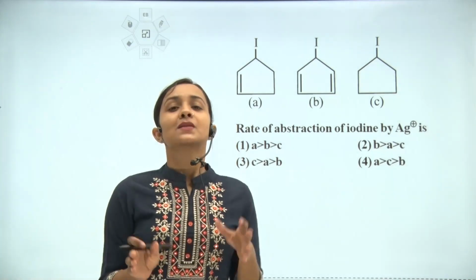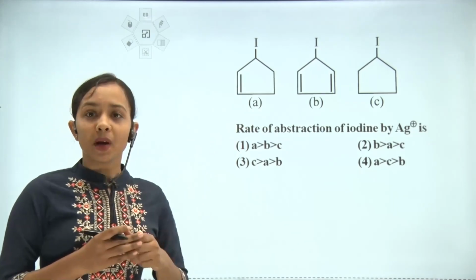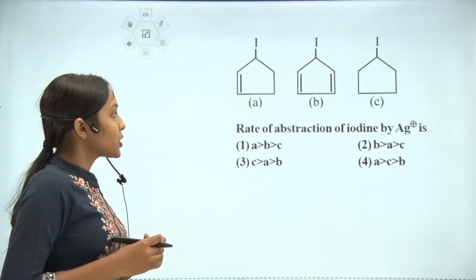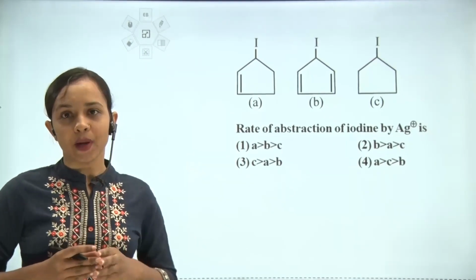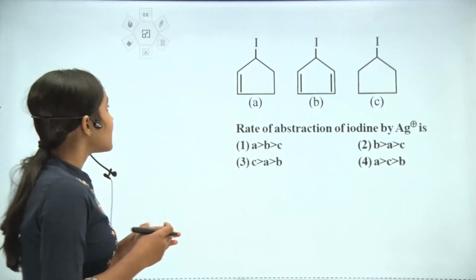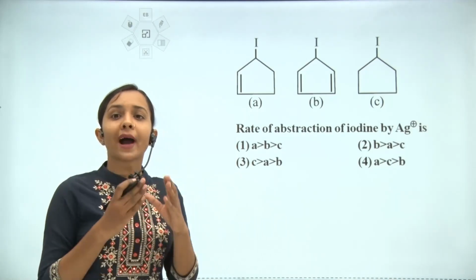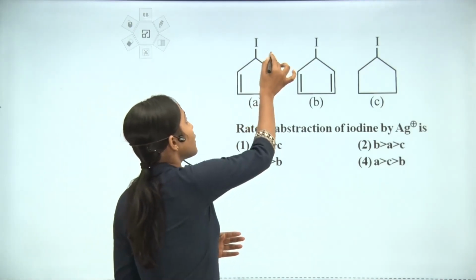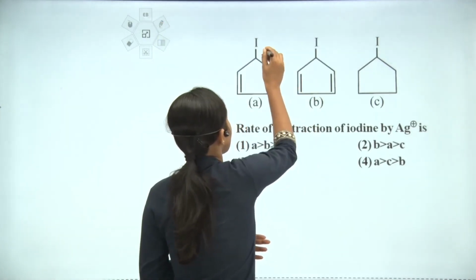Hello students. So our next question is, we have 3 compounds. The rate of abstraction of iodine by Ag plus for these compounds is asked. So students, in the first compound, after the abstraction of iodine, a carbocation will form at this carbon atom.